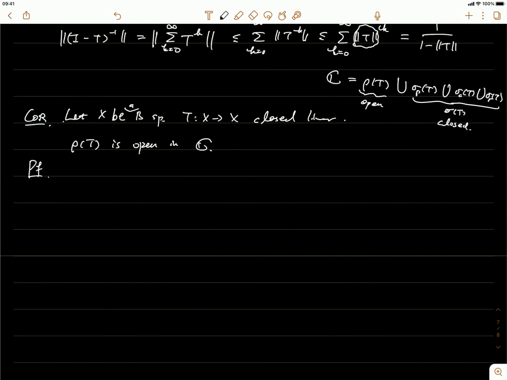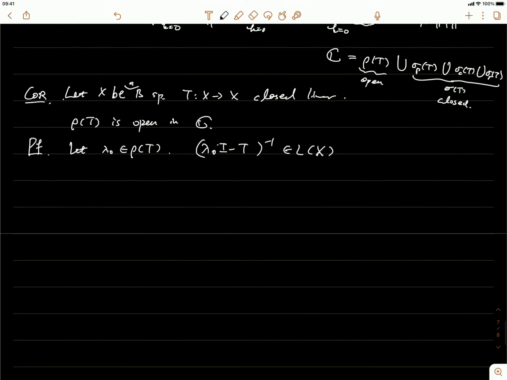Okay, to prove it's open, we just need to show that every point is an interior point. So let's say we start with some arbitrary point, lambda naught, in the resolvent set. Then we know that the resolvent is a bounded linear operator.